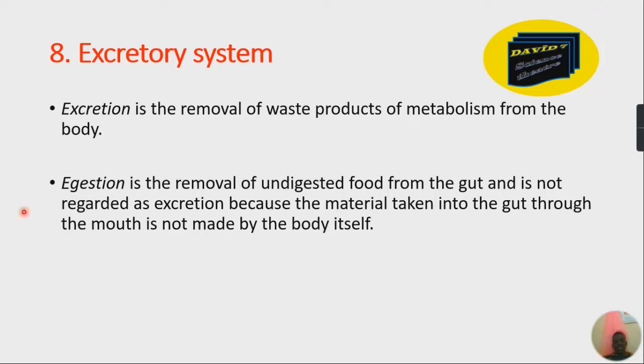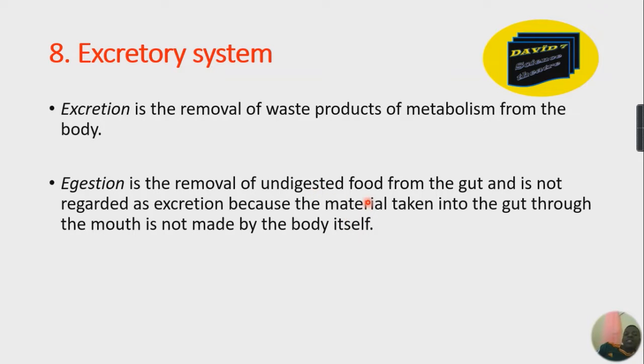Egestion is the removal of undigested food from the gut and is not regarded as excretion, because the material taken into the gut through the mouth is not made by the body itself.